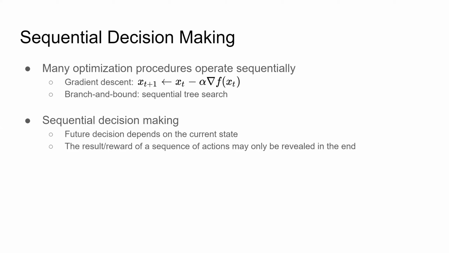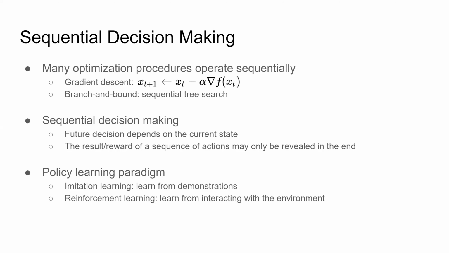In general, sequential decision-making encompasses a class of problems where the future decisions depend on the current state. And for some instances, the reward or the result of a sequence of actions may only be revealed in the end.